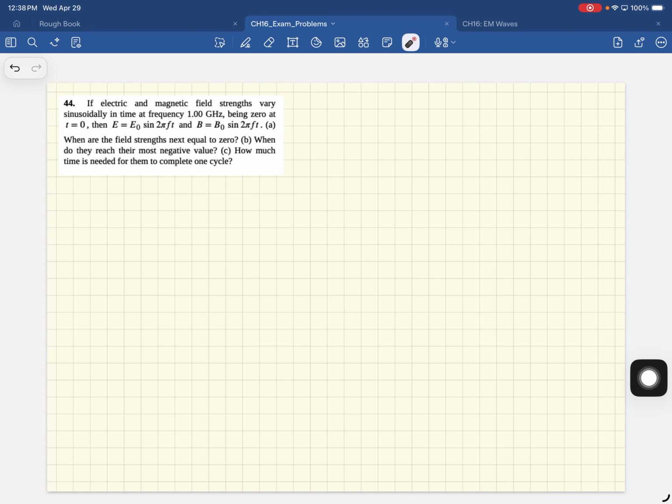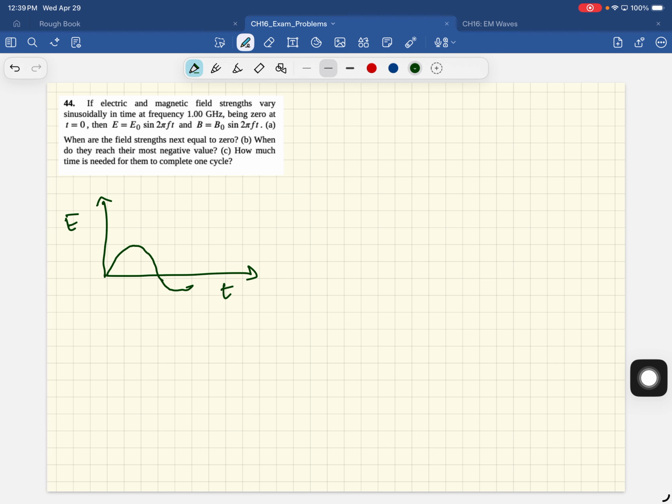Okay, so I'll just draw the electric field. So the electric field as a function of time is varying sinusoidally. Okay, it's 0 at time 0, and then it's 0 when this is equal to pi. So the next 0 happens at 2 pi f t equal to pi.